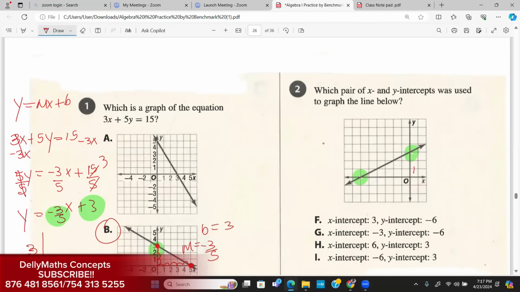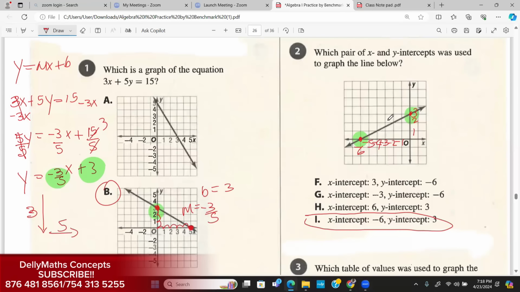So this is 1, 2, 3. So this is at 3 here. And then this is -1, -2, -3, -4, -5. And right here is at -6. So my x-intercept is at -6. I'm looking for x to be -6, and y is +3. So this is the answer right there.